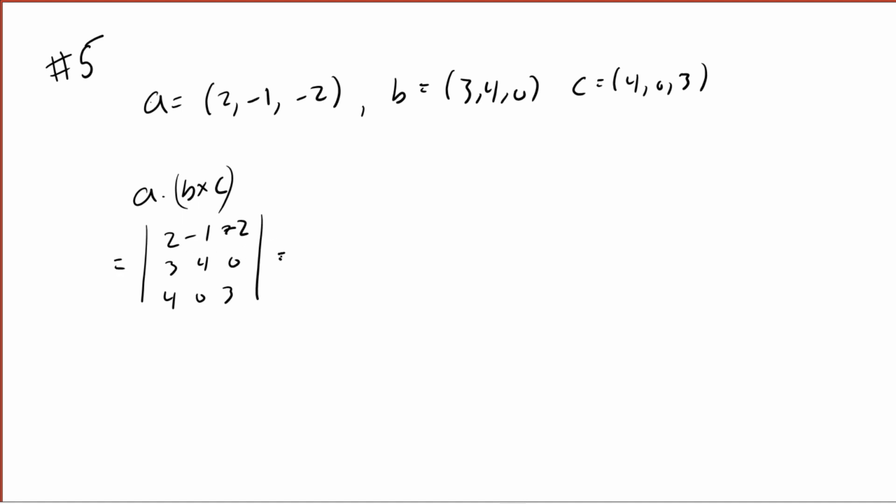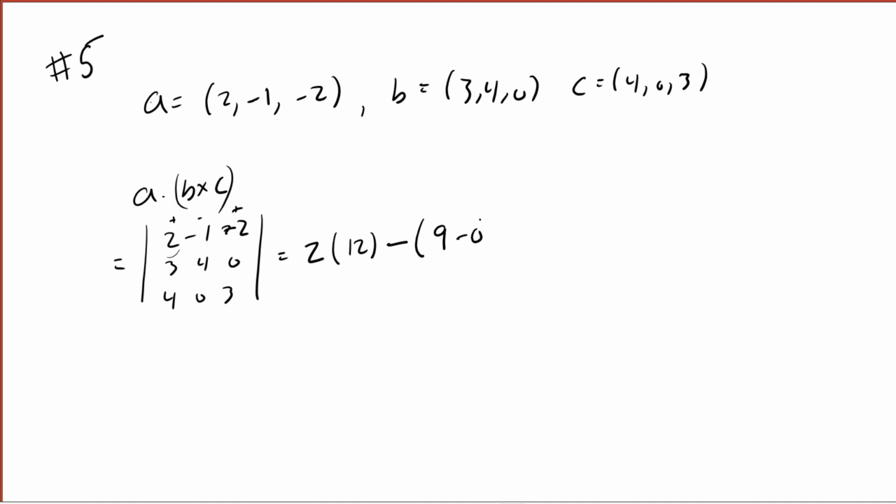Okay, so I have 2, so that's the 2, times 4 times 3, which is 12, minus 0. Minus, remember I still have plus, minus, plus. So minus, across the middle out, I have 3 times 3 is 9 minus 0.